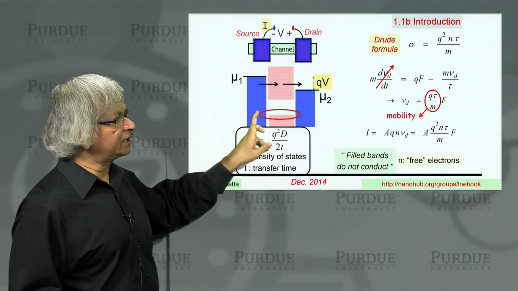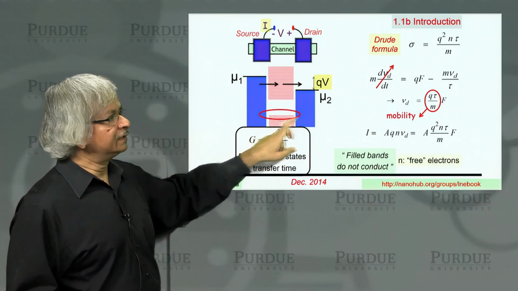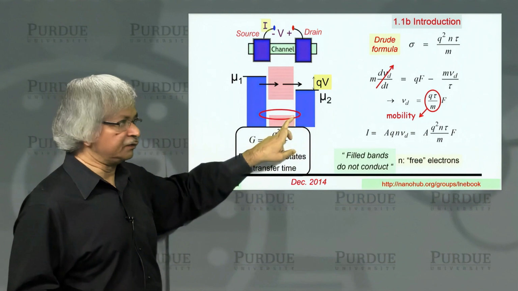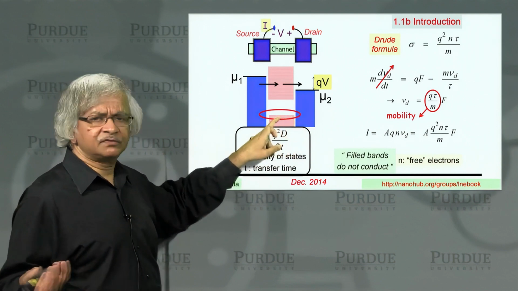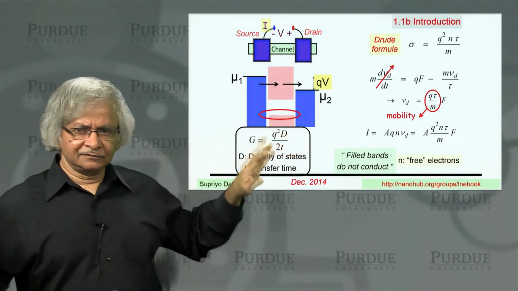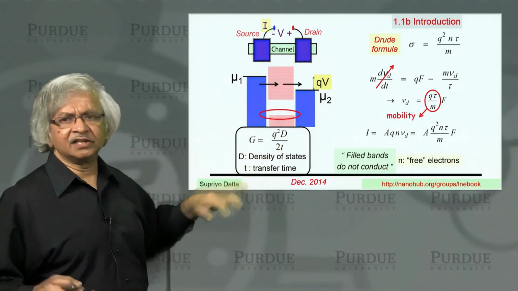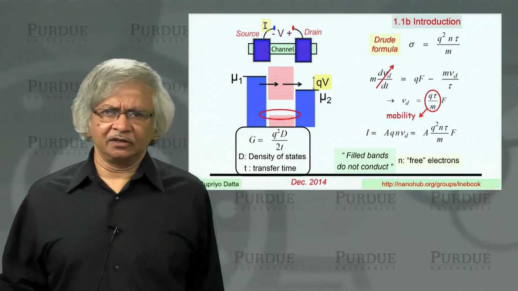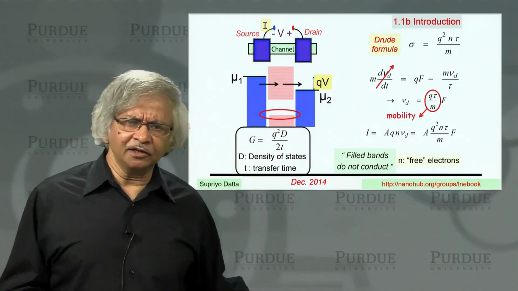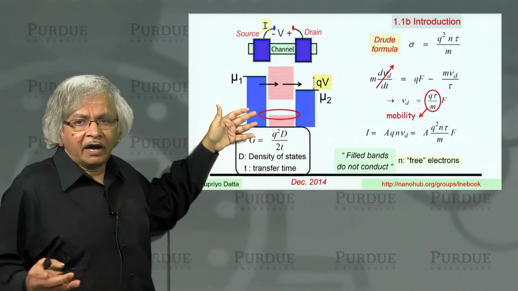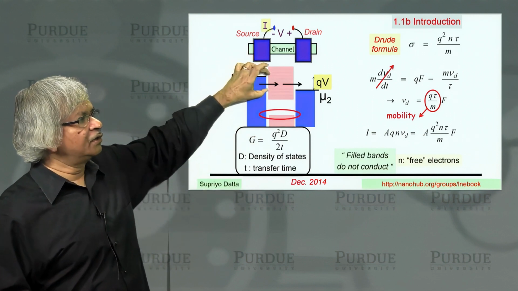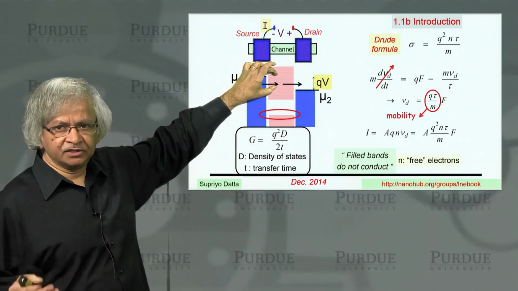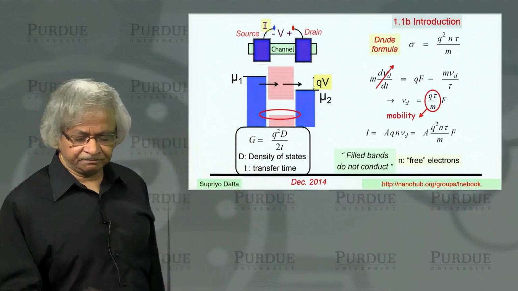Well, this contact wants to fill it up, and this contact also wants to fill it up. And so it stays filled. End of story. Both contacts are happy and nothing else happens. So from this point of view, it's perfectly clear why conduction takes place only in a narrow range of energies around the Fermi energy.